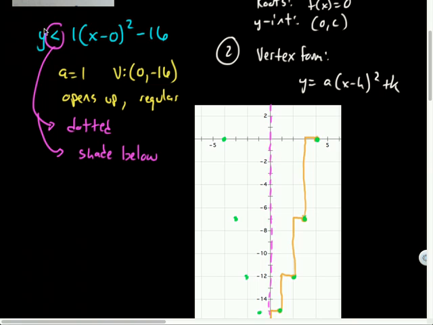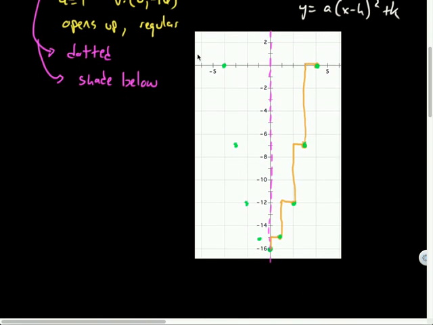Because y relates to something, so y less than something sounds like underneath, right? So I'll try to draw my best dotted line parabola. There we are, and shade it.